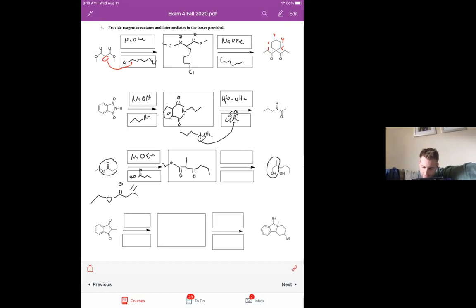LAH and water gets us to our last product. So throwing in LAH lets us reduce this all down to alcohols. Oh, this is the one where I need H2. Okay.